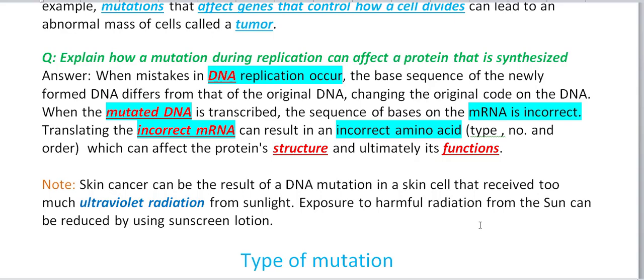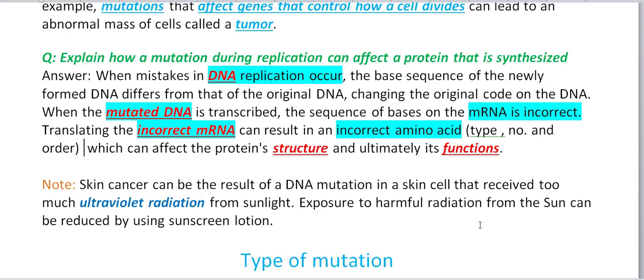What is the shape of an antibody? Definitely Y shaped. This Y shape is determined by the type, number and order of amino acids. Order, type, number of amino acids is determined by mRNA. mRNA is determined by the DNA. If the DNA is mutated, the mRNA is incorrect.